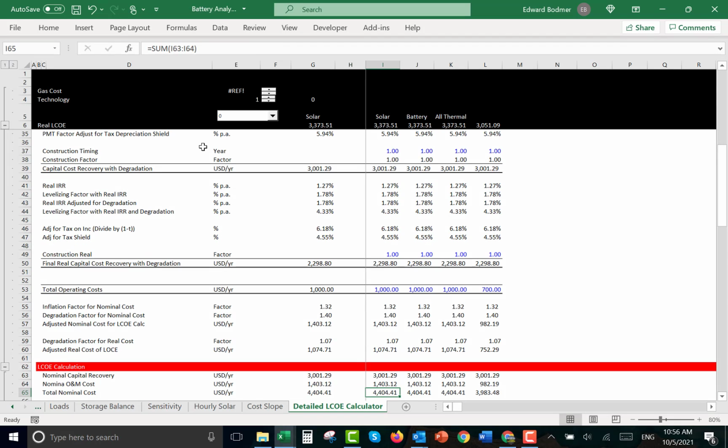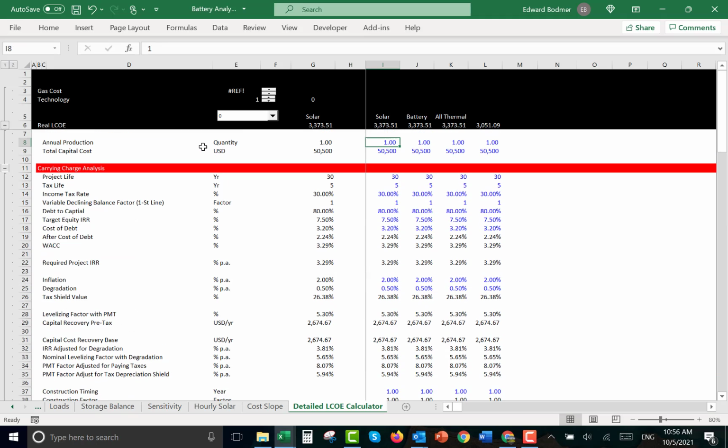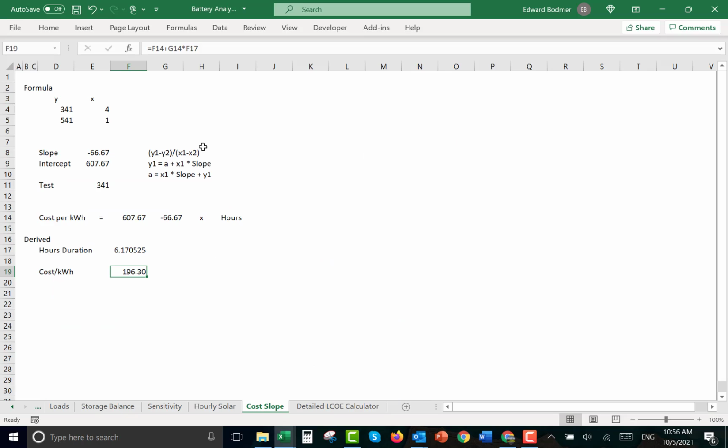In any economic analysis, you'd be better using real cost adjusted for inflation. Okay. And if you're using a pure project finance approach and never assume refinancing, that's going to be a problem.